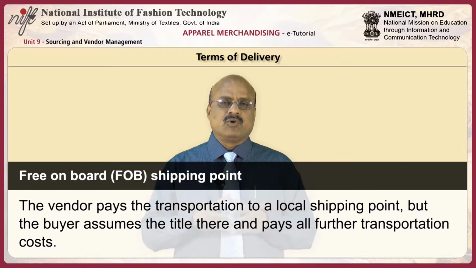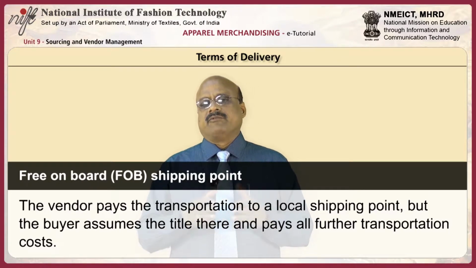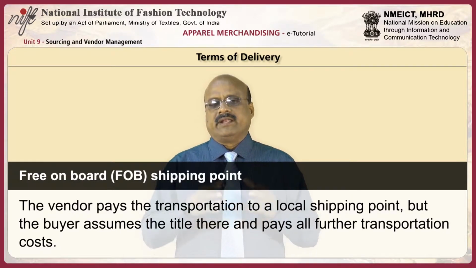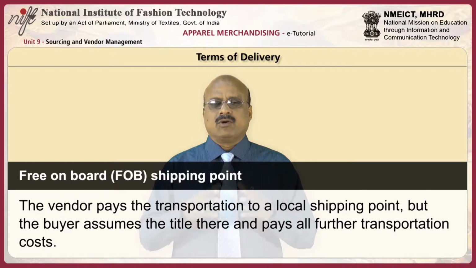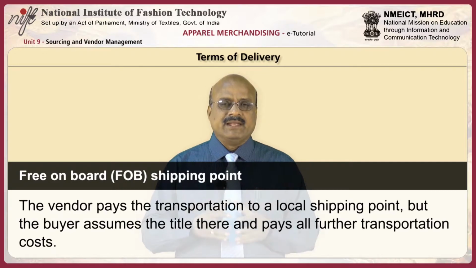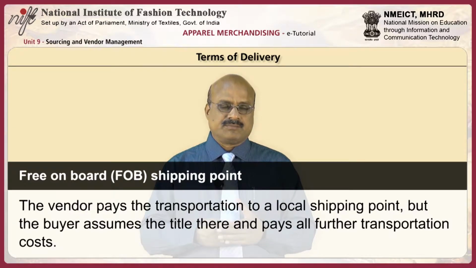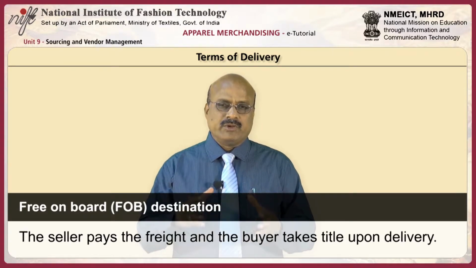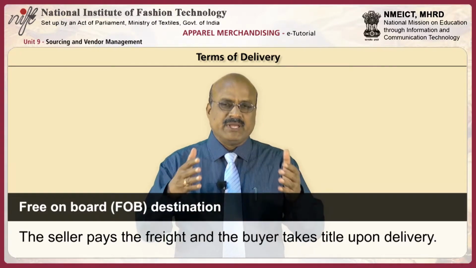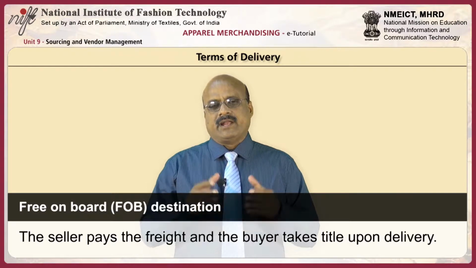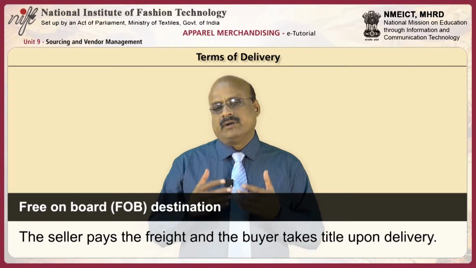In free on board shipping point, the vendor pays the transportation to a local shipping point, but the buyer assumes the title there and pays all further transportation costs. In free on board destination, the seller pays all the freight and the buyer takes the title upon delivery.